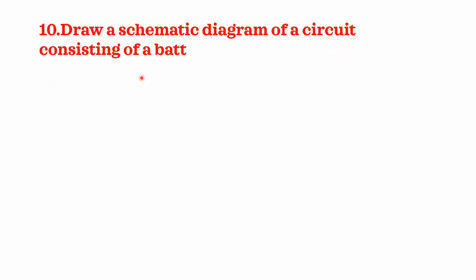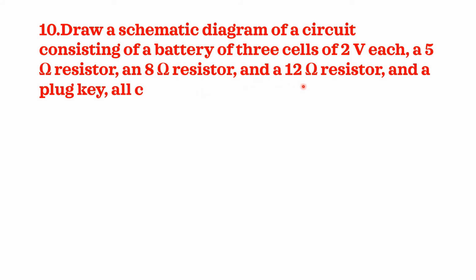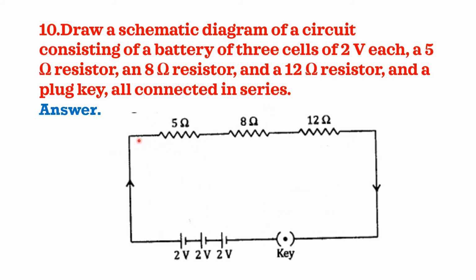Next one. Draw a schematic diagram of a circuit consisting of a battery of 3 cells of 2 volts each, a 5 ohm resistor, an 8 ohm resistor, a 12 ohm resistor and a plug key, all connected in series. Now we have to draw the diagram. This is the schematic diagram of the circuit.